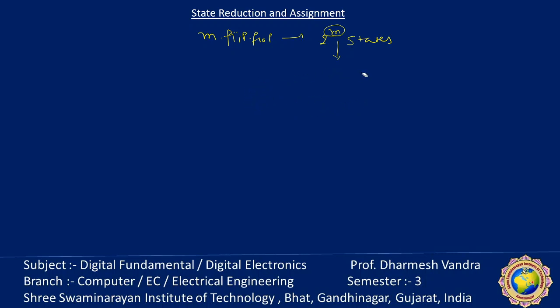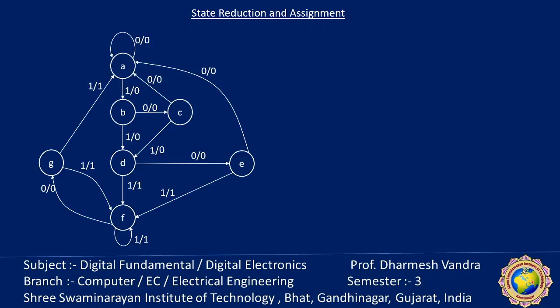Remember the thing, at the time of reduction, the functionality may not be changed, the behavior of the circuit cannot be changed. So we will take one example. We start with a simple example. Suppose this is a state diagram with states A, B, C, D, E, F and G. That many, 1, 2, 3, 4, 5, 6, and 7 states are there.